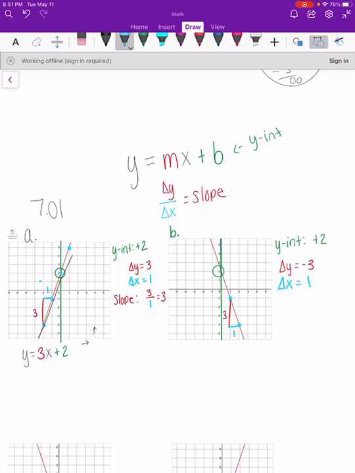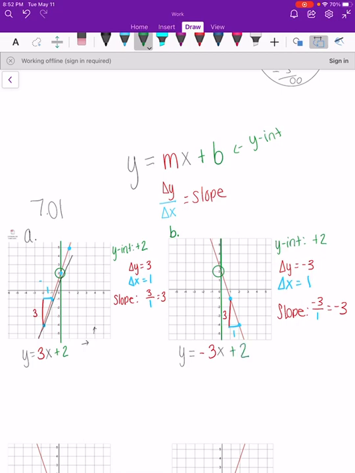So that means my slope is negative 3 divided by 1, which is also just negative 3. So my equation is y equals negative 3x plus 2.